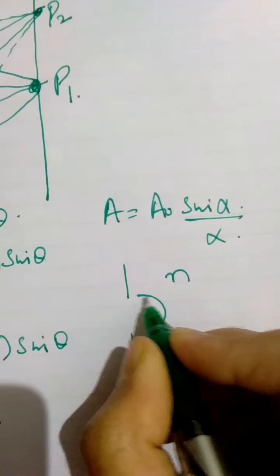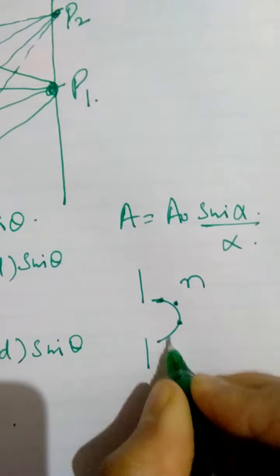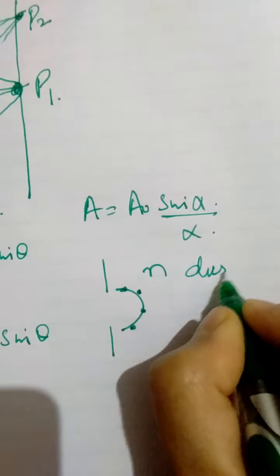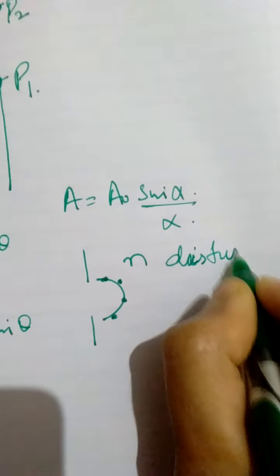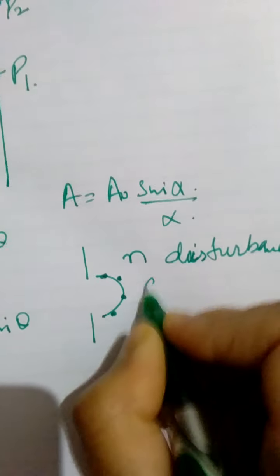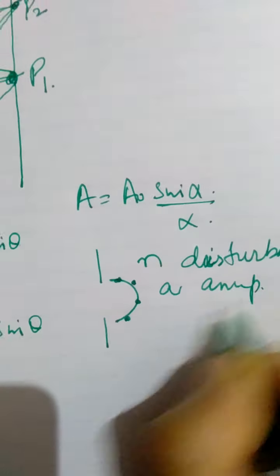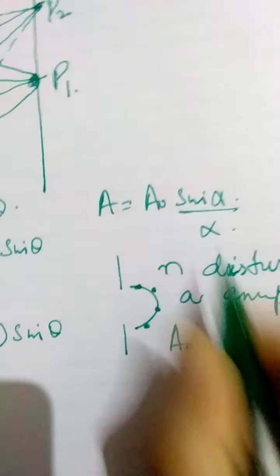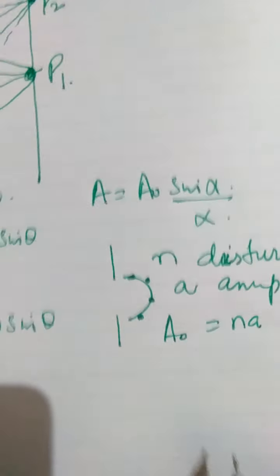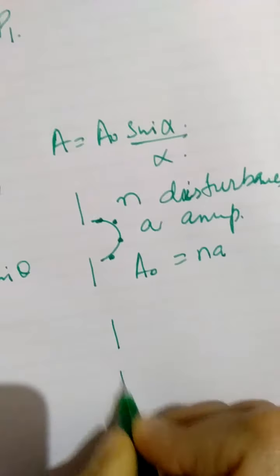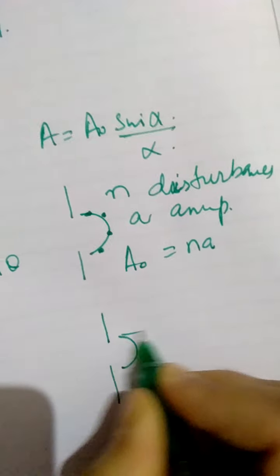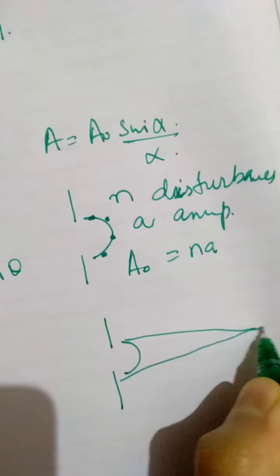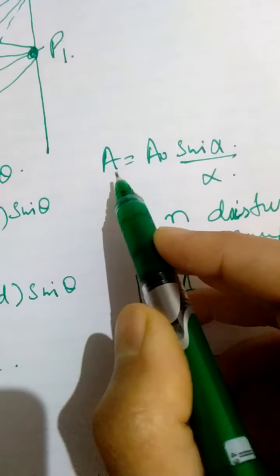Now, if there are n disturbances, and A is the amplitude of each, then the total amplitude A naught is equal to NA. And moreover, the phase difference between any two rays from the wavefront was equal to alpha. So the resultant amplitude was A equal to A naught times sine alpha by alpha.